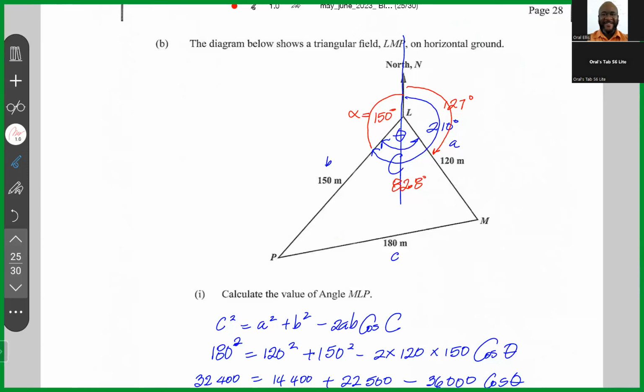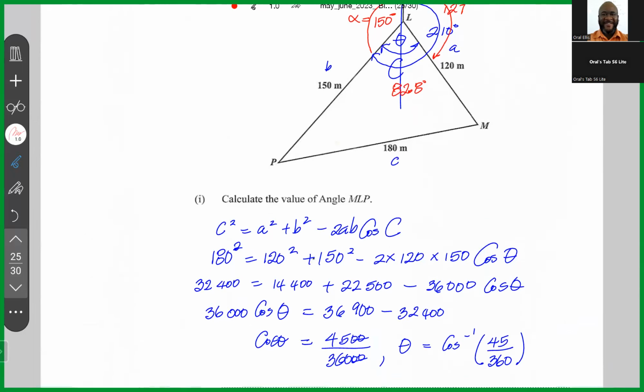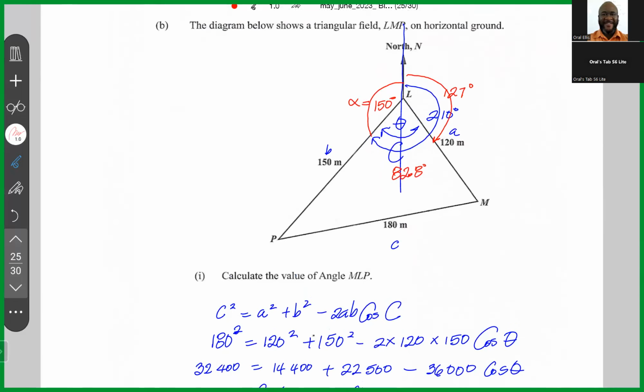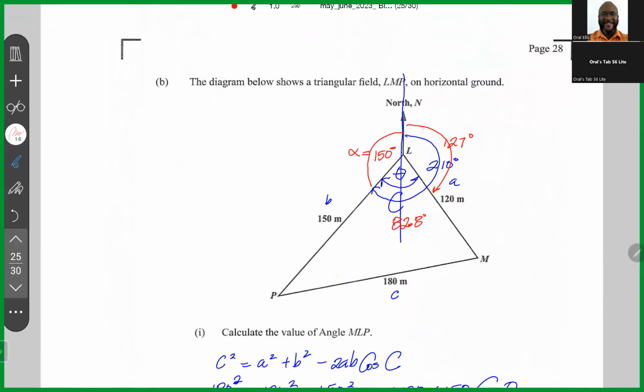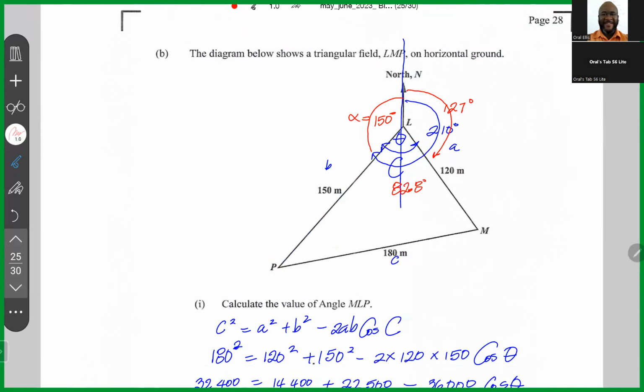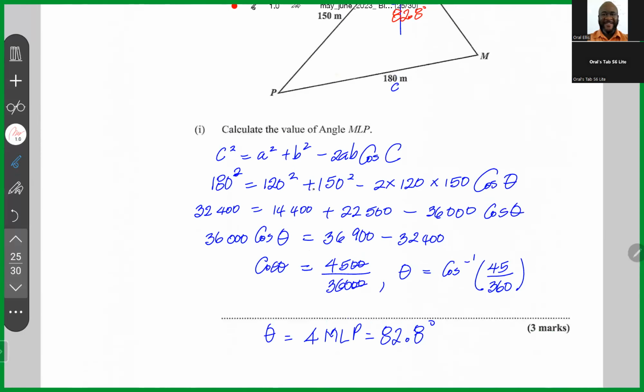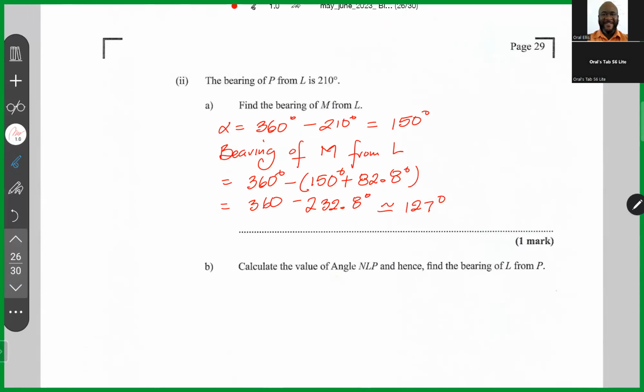You could go NLP this way or NLP the other way. No, it says calculate the value of angle NLP and hence the bearing of L from P. The bearing of L from P. Angle NLP. If we're looking at the outside one, all right, let's make it the inside one.